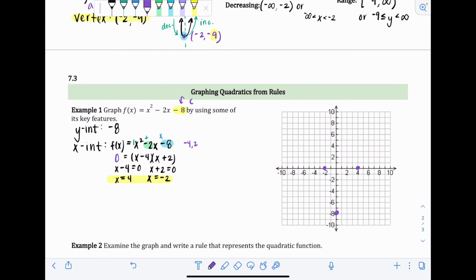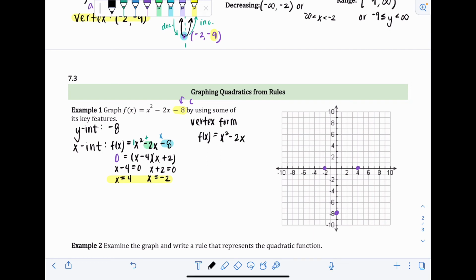You can find the vertex a bunch of different ways. I'm going to find it by changing my function into vertex form. So I'll take my function up here, f of x. I'm going to title this just so you guys can reflect back to it. So f of x equals x squared minus 2x.